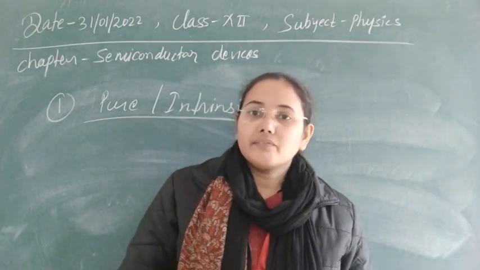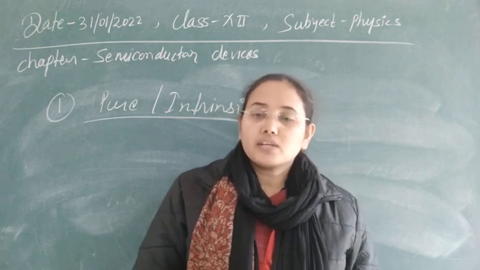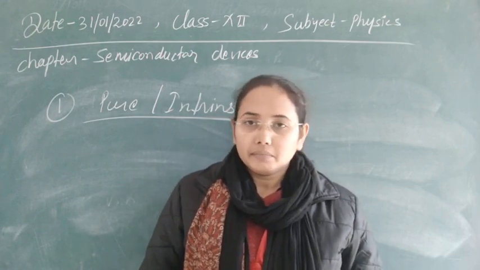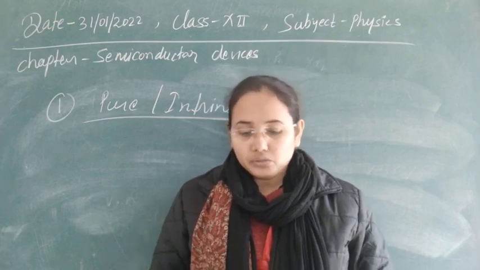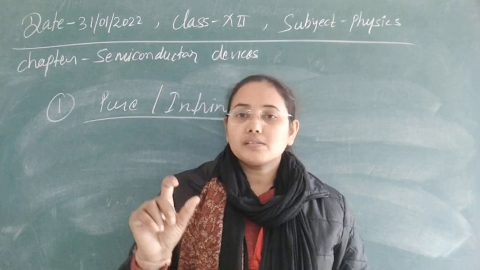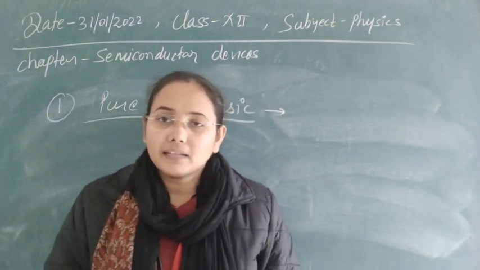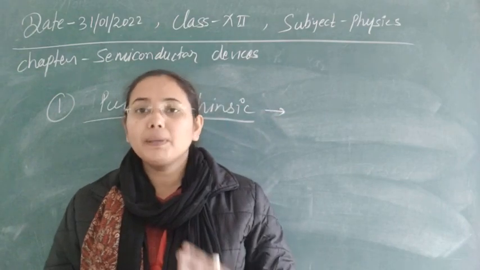So if we convert our semiconductor materials into that kind of material, then they can easily do the conduction process. To make free electrons in semiconductor materials, the method we apply is called the doping method.